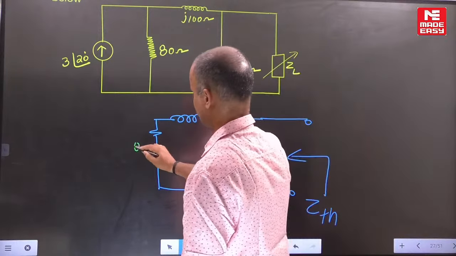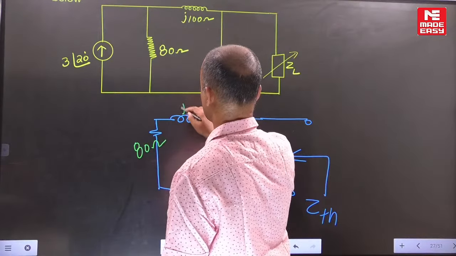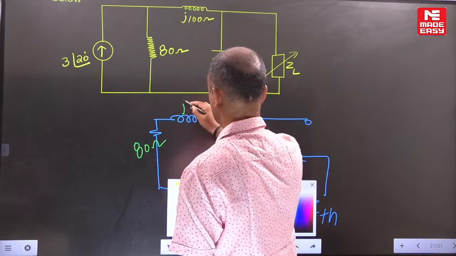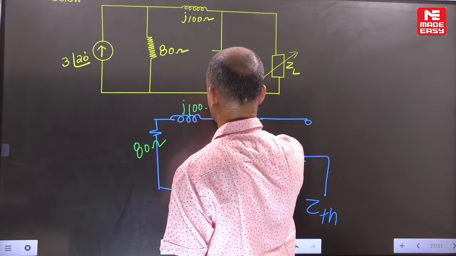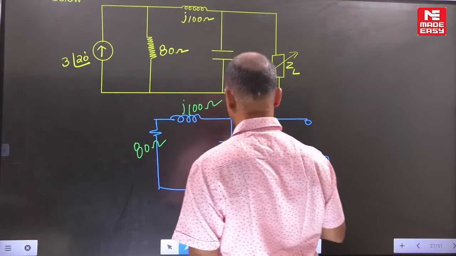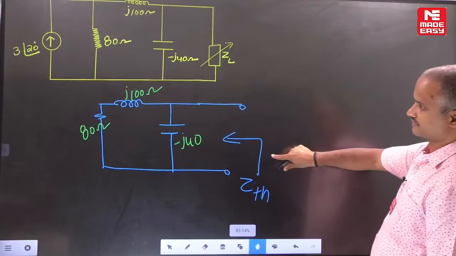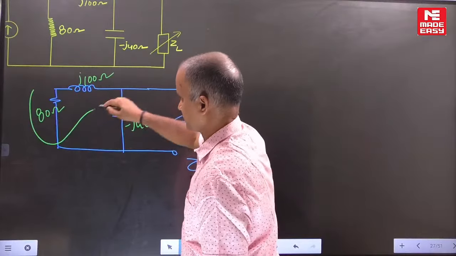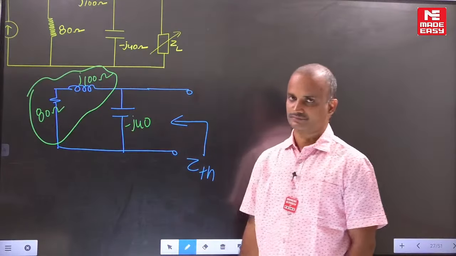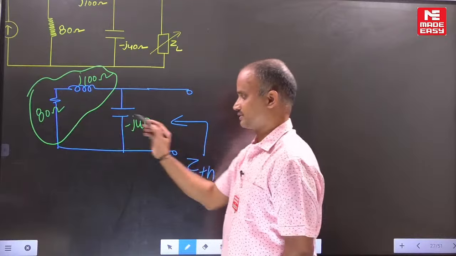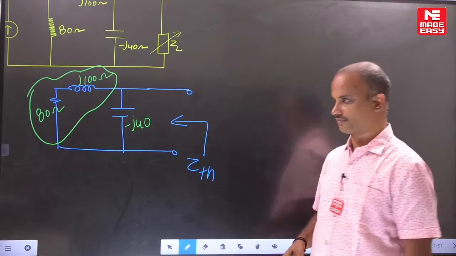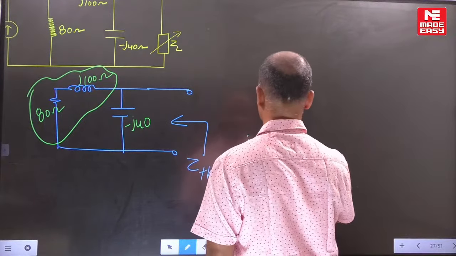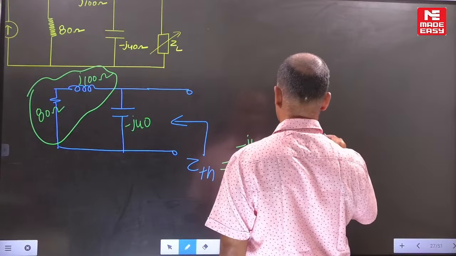Now in this example, what are the values here? 80, j, 100 minus j40. Can you find the Z Thevenin's value? Here the resistor and inductor are connected in series, and this series combination is connected in parallel with the minus j40. So it is minus j40 parallel with 80 plus j100.